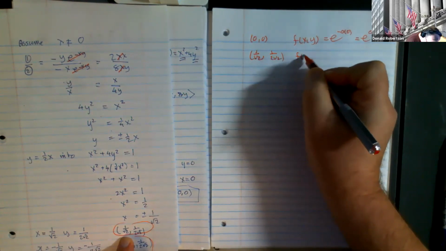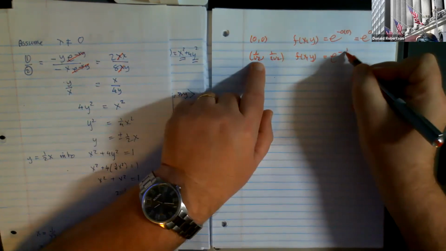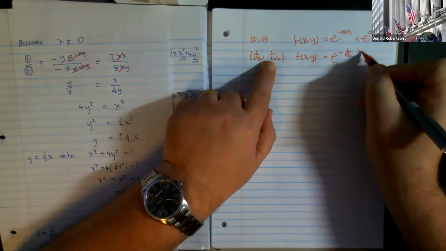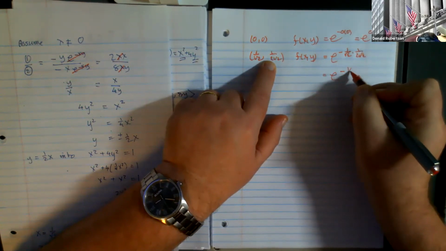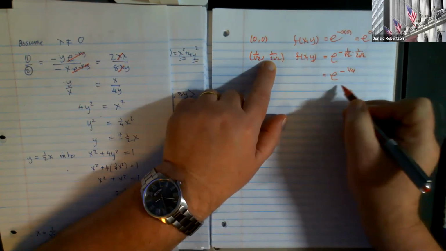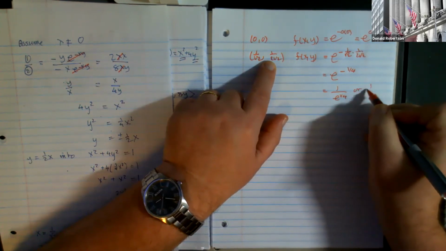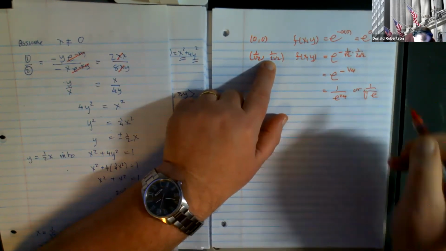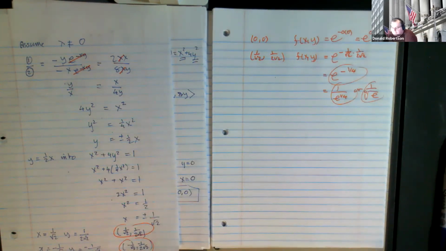The value of the function will be e to the negative x times y. That will be e to the negative 1/4. Or if you want to call it e to the 1/4, or you want to call it the 4th root, whatever you like. That's what it's equal to.